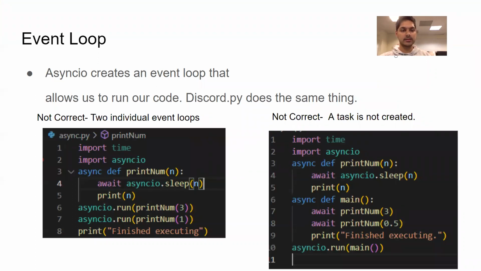So we need a thing called an event loop. An event loop is where we have a bunch of tasks that we want to run inside of a main function. That's how it's supposed to be. But we're gonna be naive children for a second.